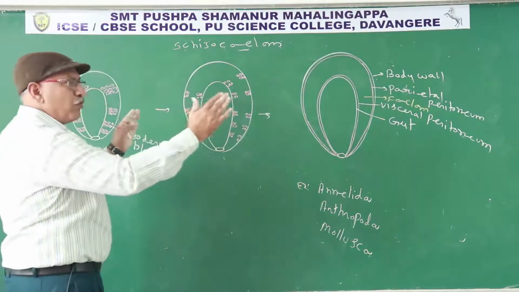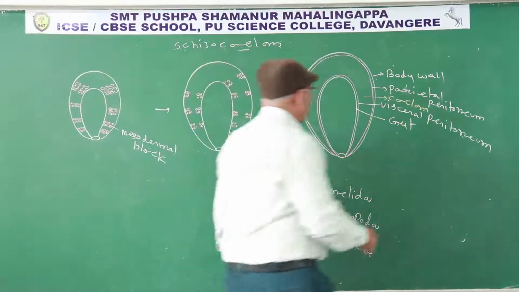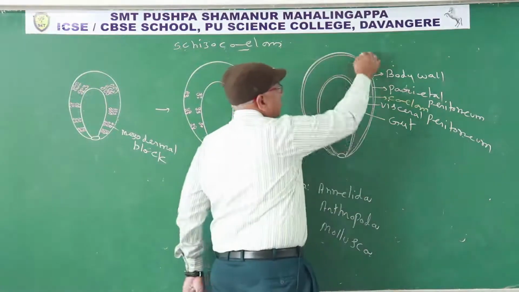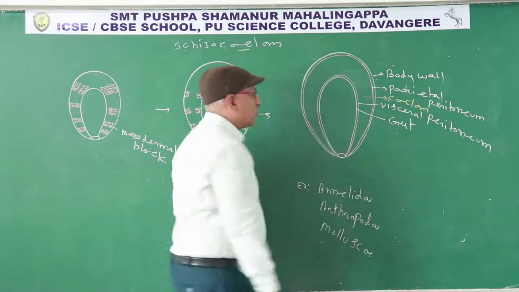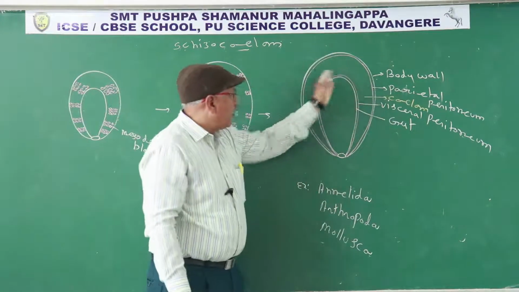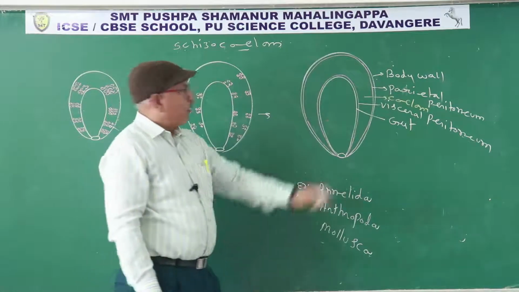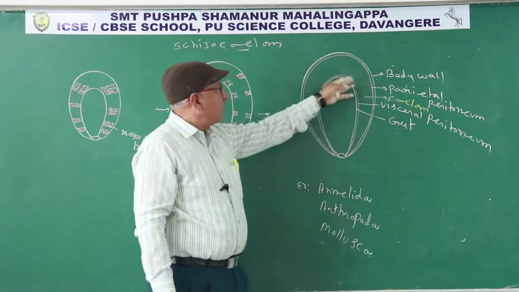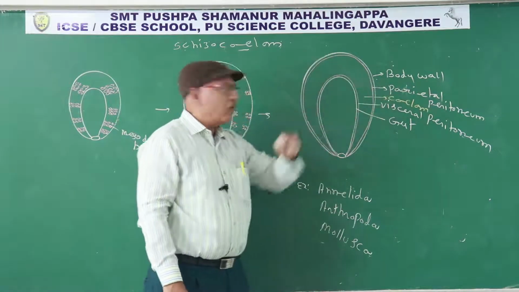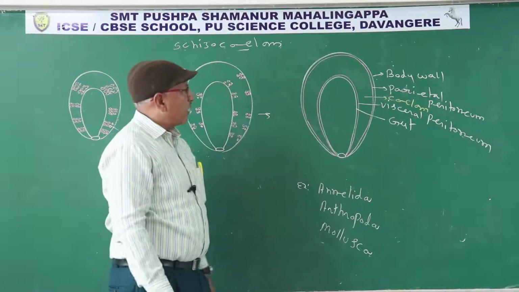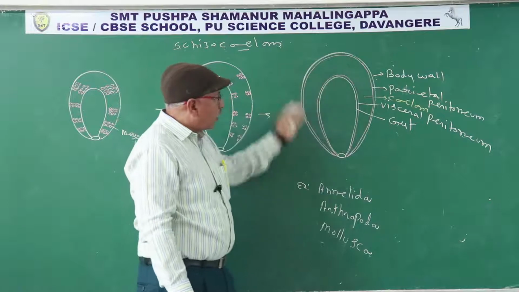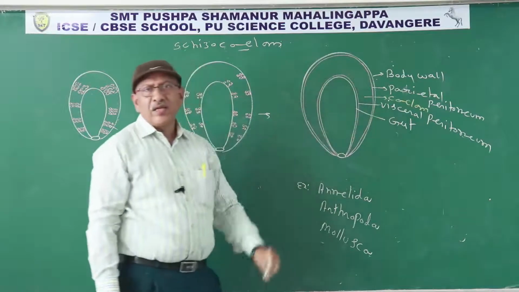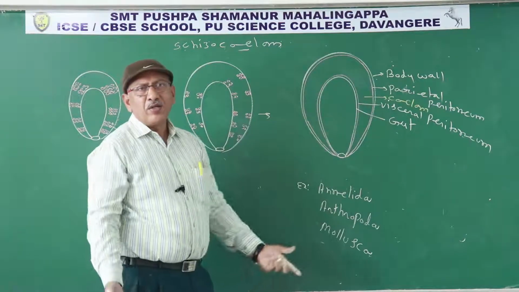Further, the cells move away. Some cells form a continuous layer inner to the body wall. Some cells form a continuous layer on the alimentary canal. The cellular layer forming the inner lining of the body wall is known as parietal peritoneum. The cellular layer forming the outer lining of the alimentary canal is known as visceral peritoneum.